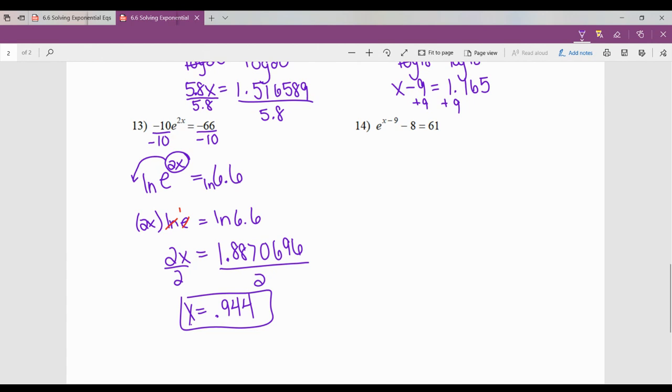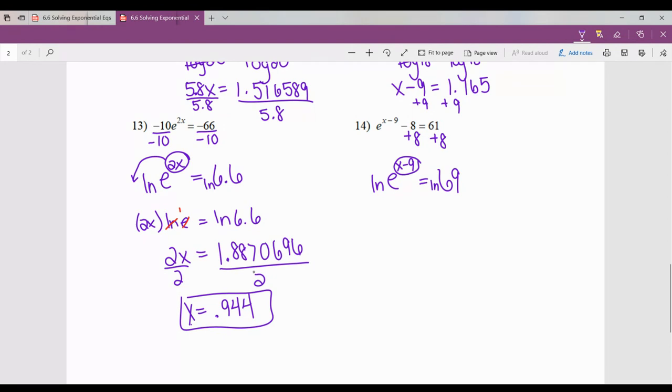All right, last one, almost there. And this will be it for this, this is the last set of notes. So we get adding 8. So we get e to the x minus 9. The reason why I added 8 is it's outside of the exponent and base equals 69. Now we're going to use our special log, which is natural log ln, because it's an e.